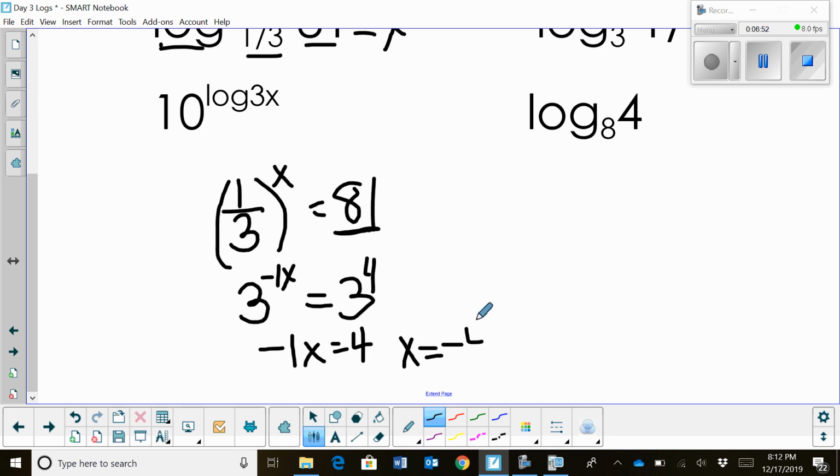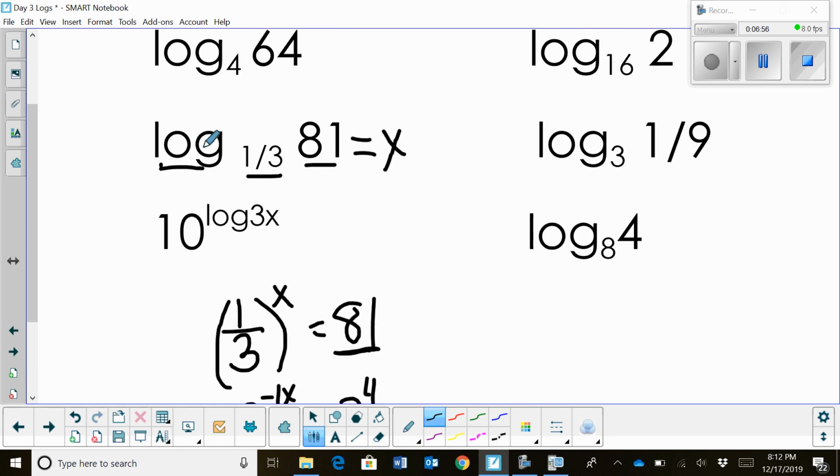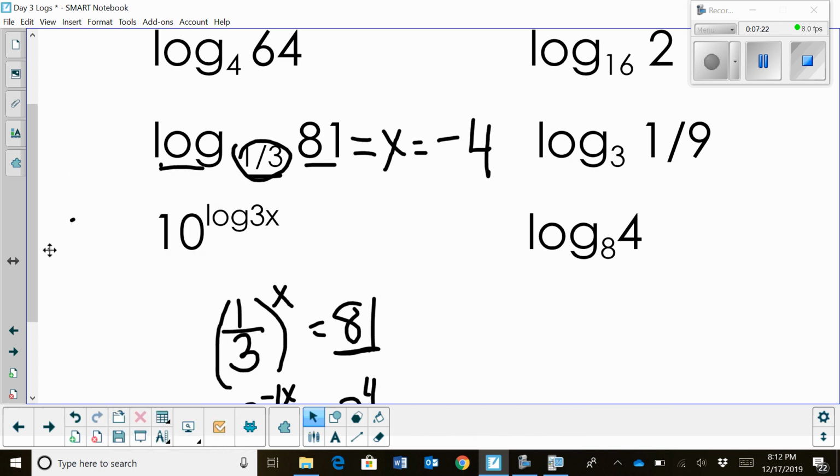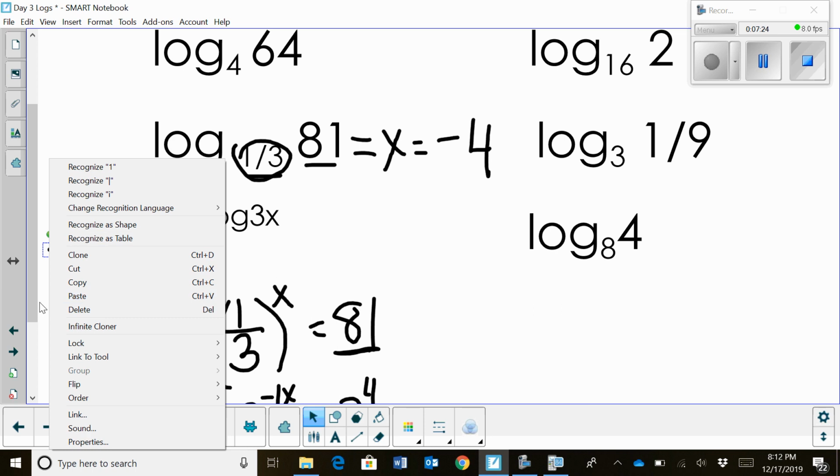So I can simplify log base 1/3 of 81 to, what was our final answer? -4. Why -4? Negative means a reciprocal, so I would take 1/3 and find its reciprocal, and then raise it to the fourth power. So a negative exponent only means a reciprocal. That's all it means. It doesn't mean my term is negative.